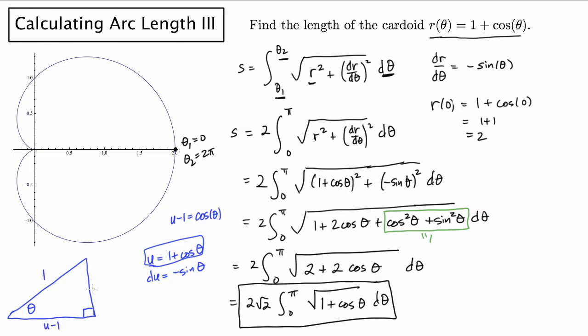And then if you solve for this other side, you get something that's sort of unpleasant here, but we can still work with it. And it's the square root of u times (2 minus u). That means that minus sine theta can be represented as minus the square root of u times (2 minus u).